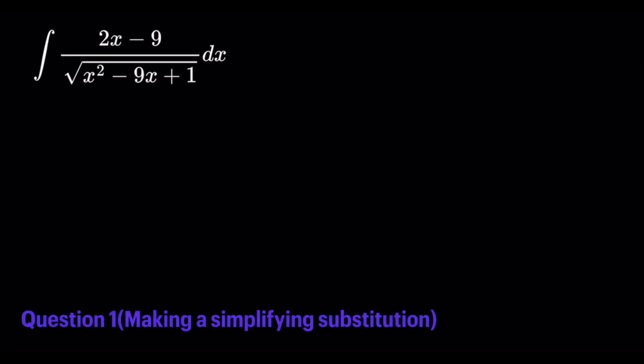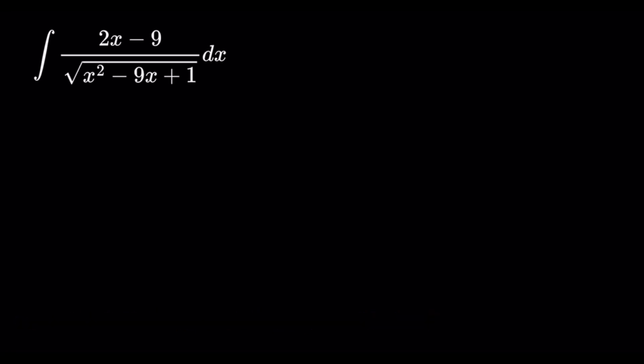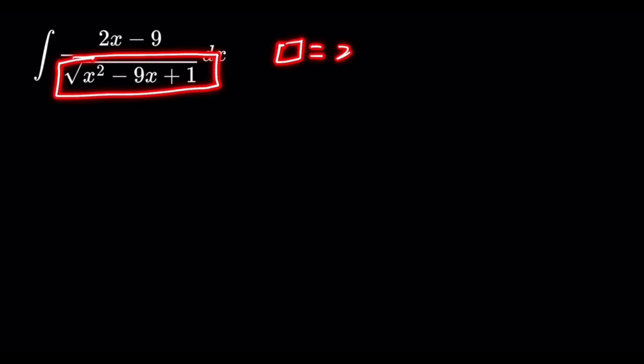Take a look at example 1 we have got here. We need to integrate this function. Now, if you put the box around the denominator, we don't get what's in the numerator. So let's say box is equal to x squared minus 9x plus 1, all to the power of 1 by 2.